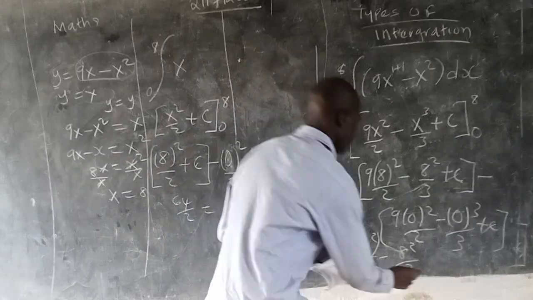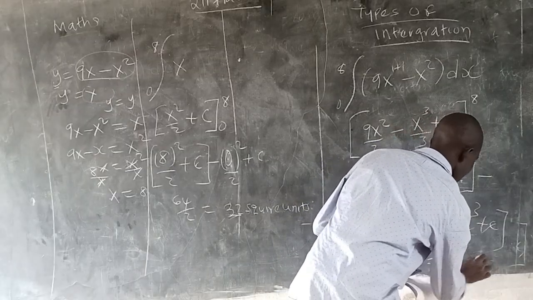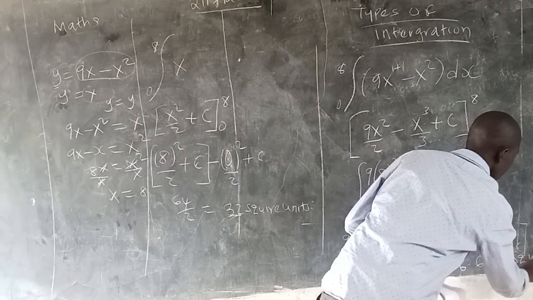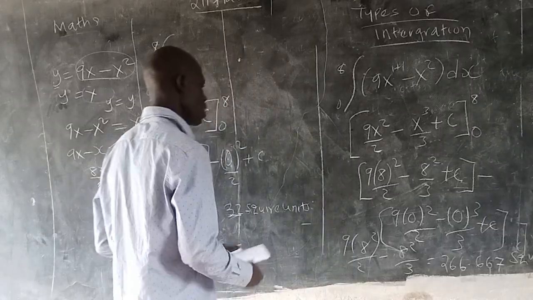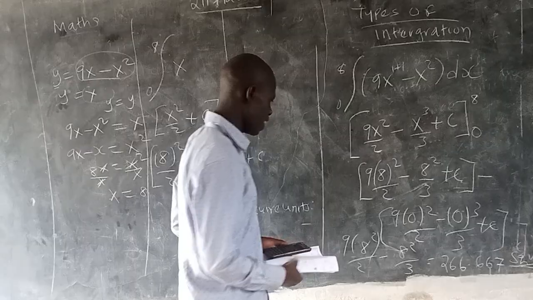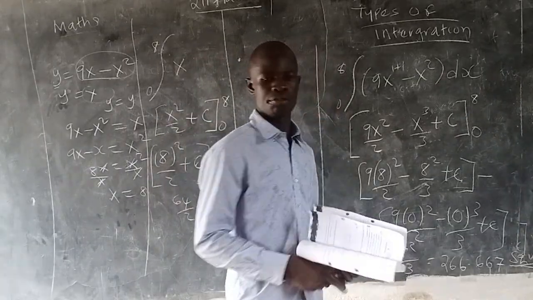So we get 266.667 square units. So we give units, we say square units, for that area. If your answer is negative, you neglect the negative. The area cannot be negative.